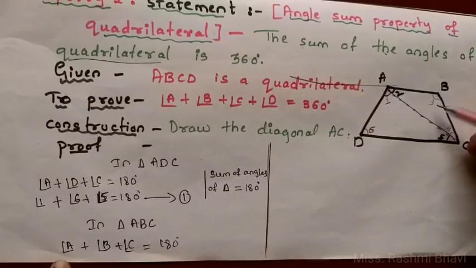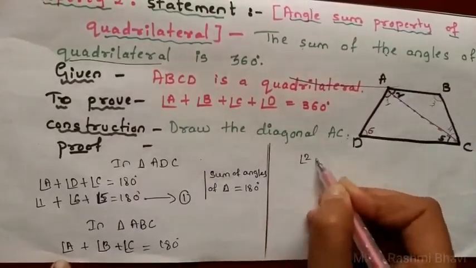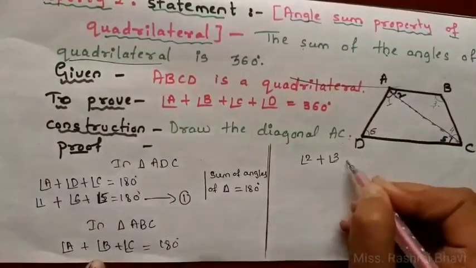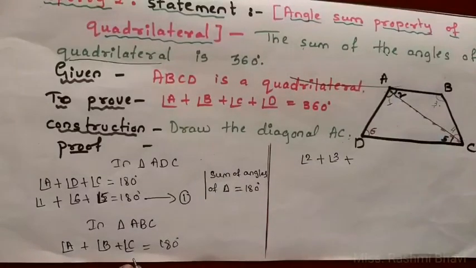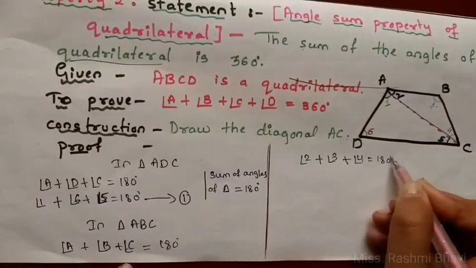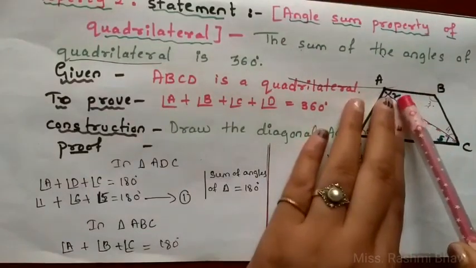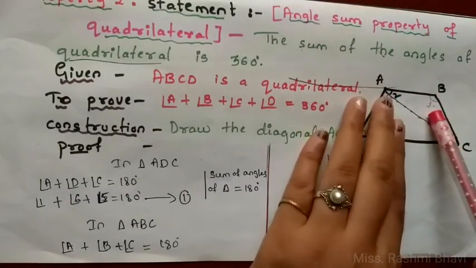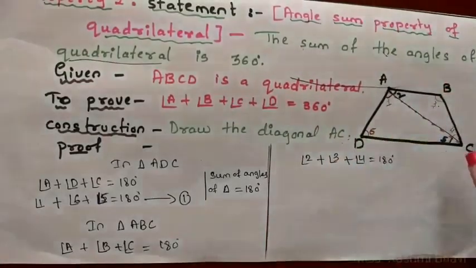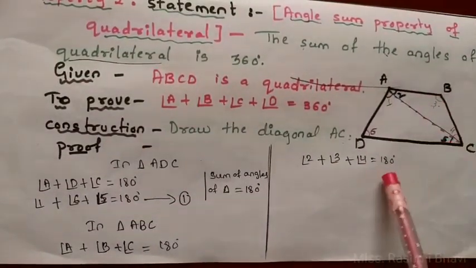Here this triangle angle is what here? Angle A is 2, angle B is 3 and angle C is 4, which is equal to 180 degrees. In the triangle ABC, I am taking the second triangle: angle 2 plus angle 3 plus angle 4 is equal to 180 degrees.